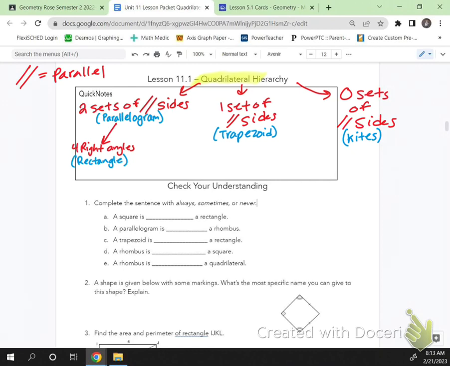Next, 4 congruent sides. Which shape had 4 congruent sides and 2 sets of parallel lines? We're not quite there yet. Rhombus. Good, rhombus.